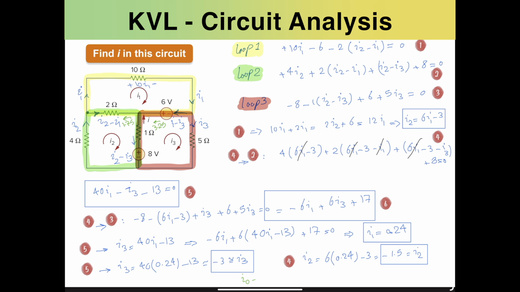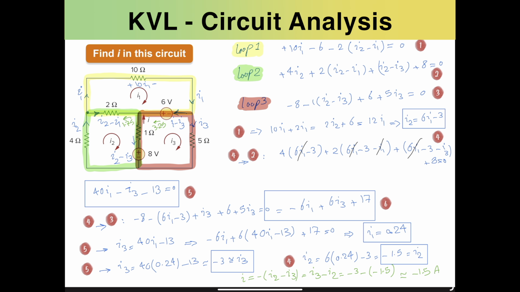I is simply negative of I2 minus I3, and essentially it is I3 minus I2. So I3 is minus 3, minus I2 is minus 1.5. So it is around minus 1.5 amps. Minus 1.5 amps upwards, meaning 1.5 amps is moving downwards.